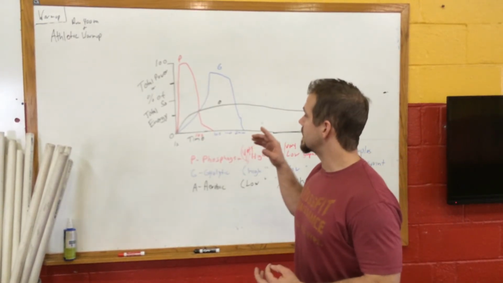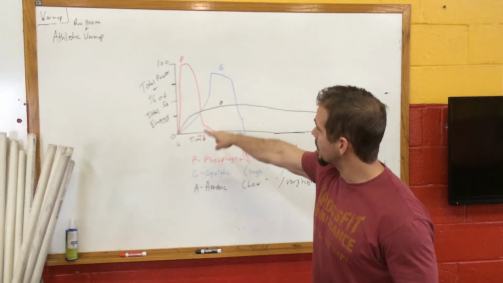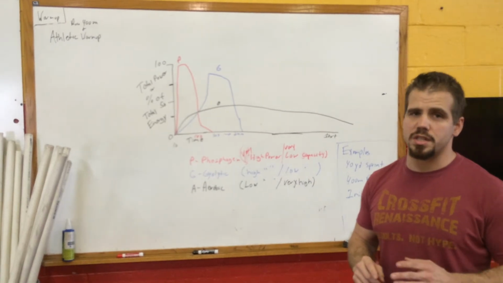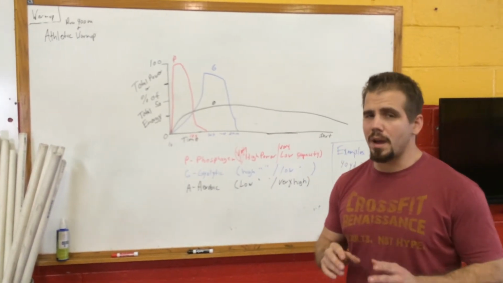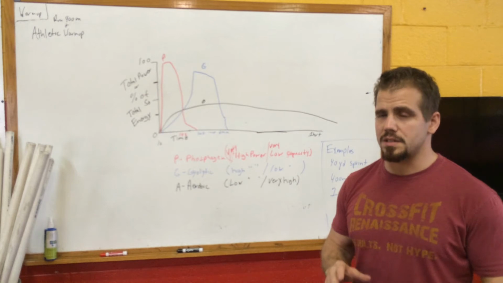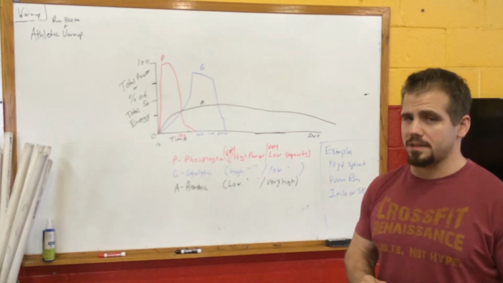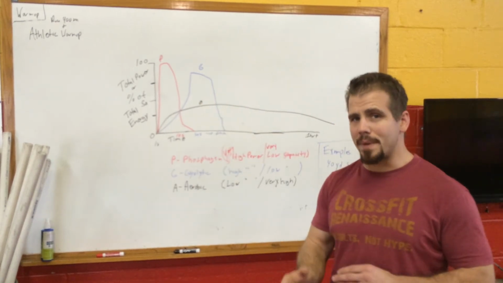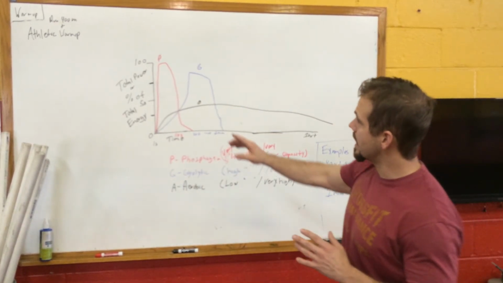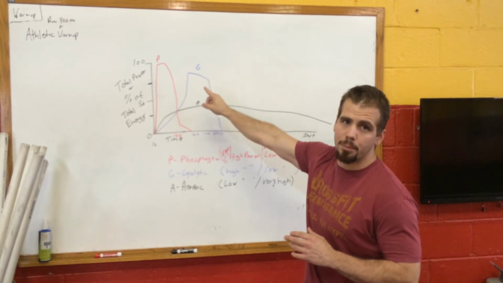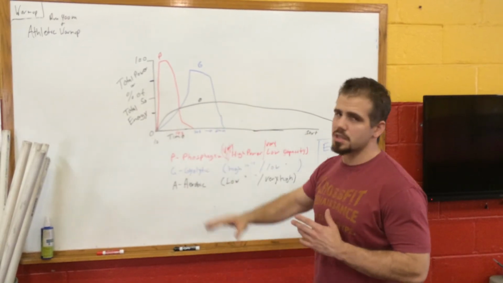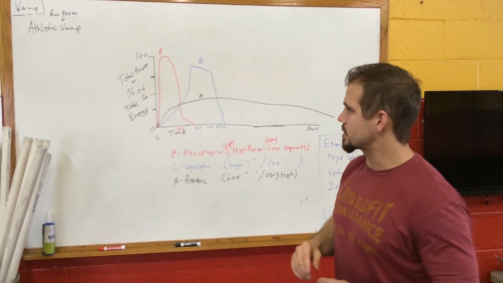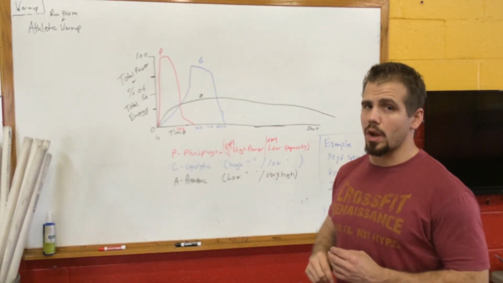The next energy system, if you look at the graph here, is this blue line. That's the glycolytic energy system. The glycolytic energy system starts to take over at about 30 seconds, 30 seconds to about 2 minutes, with the peak of it coming somewhere in between there, about a minute or so, where you're really reaching the highest potential power output of the glycolytic energy system, which is somewhere around 60 to 75%, probably like 70% of total power that you're able to produce.